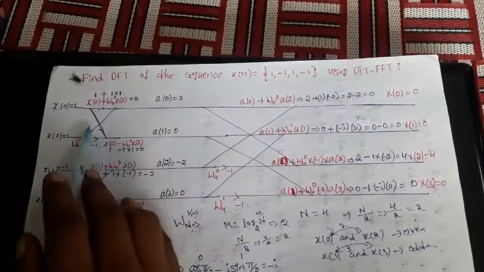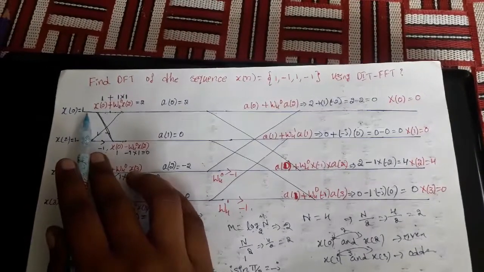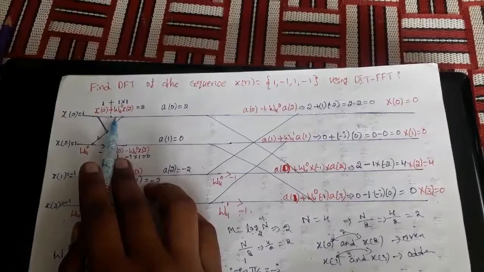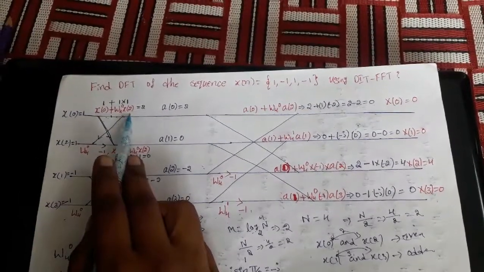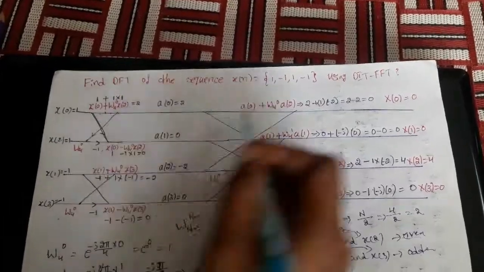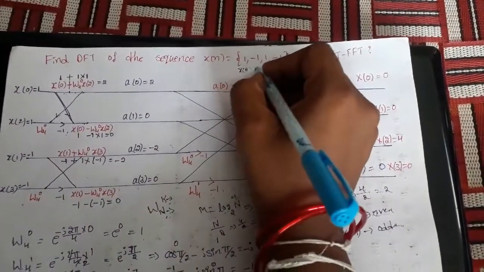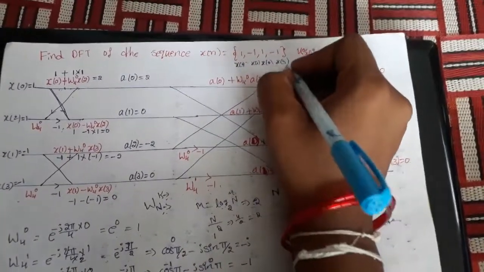Next, this butterfly value is x of 0 plus W 4 to the power of 0 into x of 2. So the values are x of 0, x of 1, x of 2, x of 3.